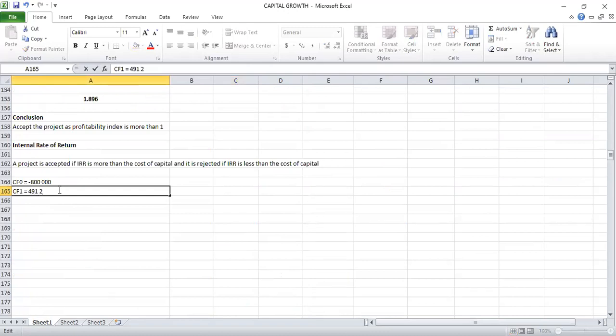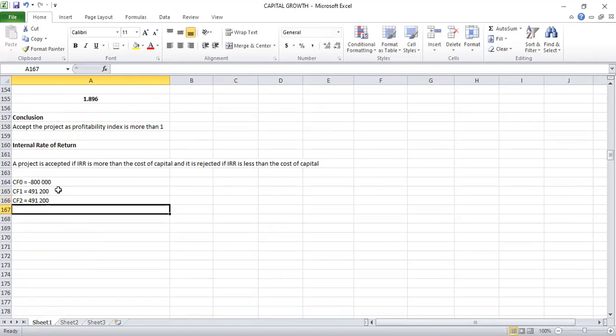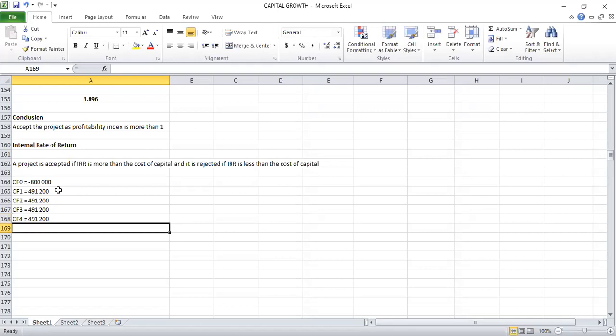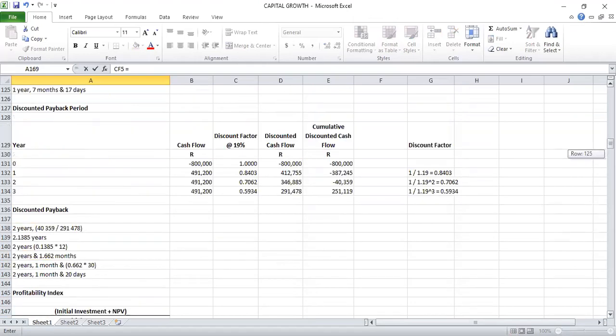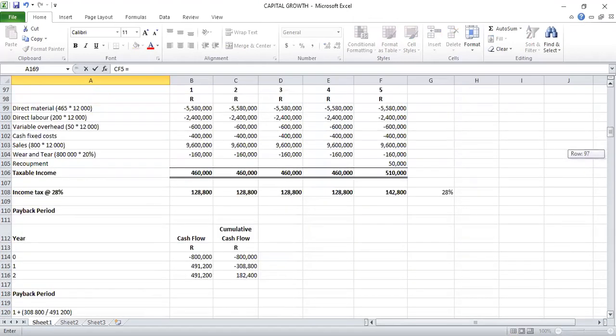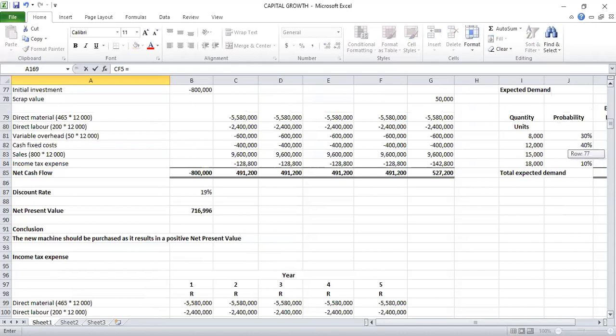So whether you are using the NPV, profitability index or IRR, you still have to calculate your cash flows first for each year. Even the payback, but with payback you won't use all of them. The last one is 527,200.